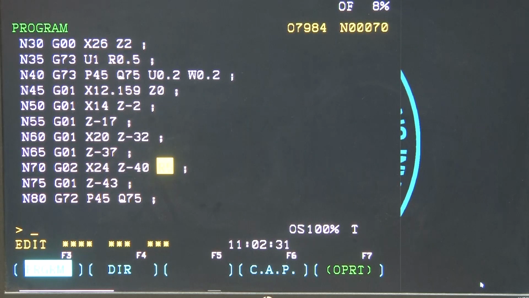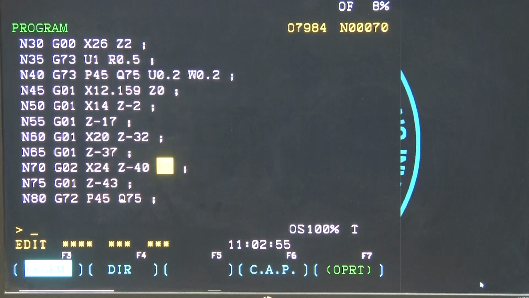Okay. So, what this coordinate dictates is that the tool has to move along the X direction and the Z direction simultaneously, but in the X direction it will move only 24 units, whereas in the Z direction it will move 40 in the negative direction, that is minus.